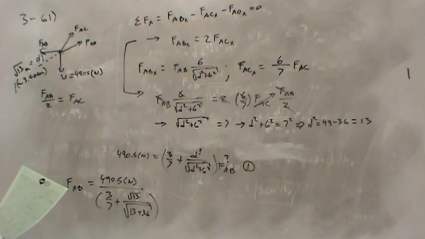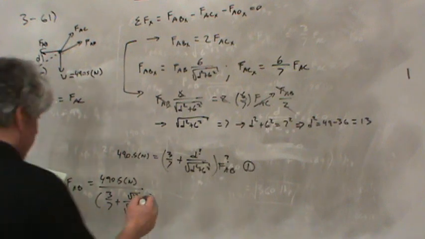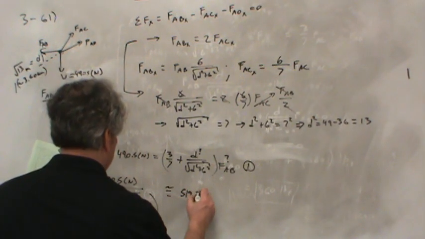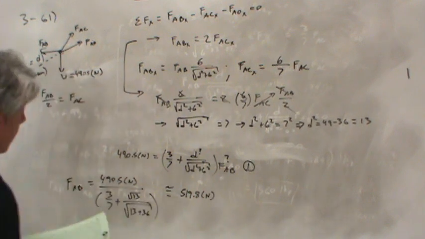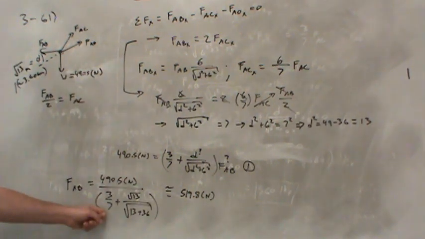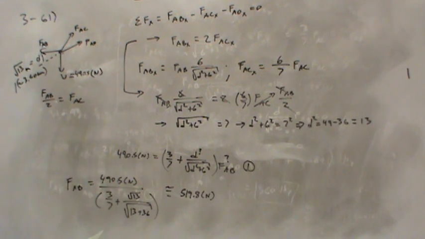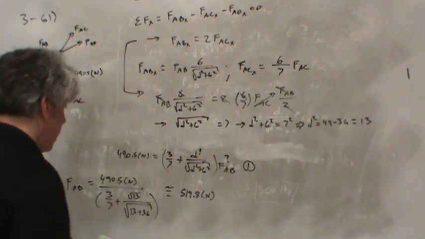And those are just numbers. You press all those buttons and plug it into your calculator and you'll find this is about 519.8 newtons. Notice that this is dimensionless because 3 meters over 7 meters, meters over meters cancel. Same thing here. So we end up with simply newtons for FAB.